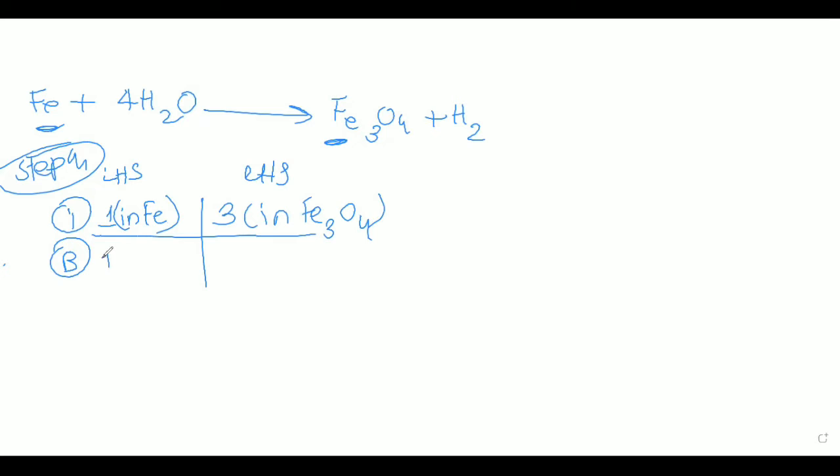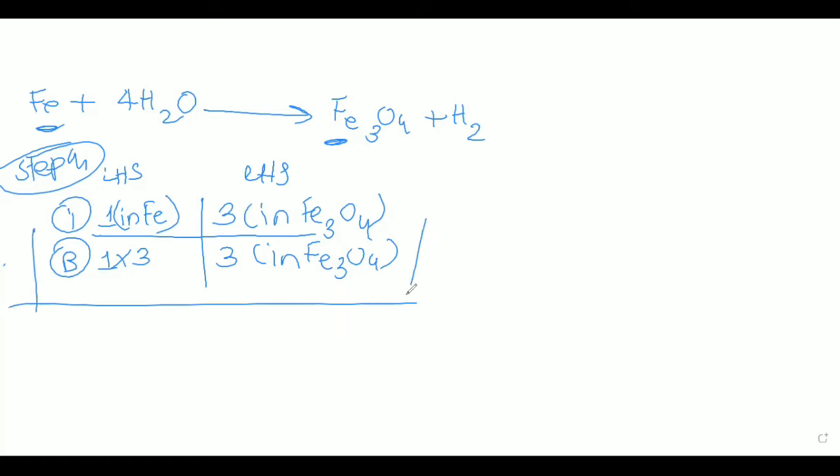We can do it similarly by multiplying 1 by 3 and keeping 3 as it is in RHS. So now the answer which we get is 3Fe plus 4H2O while reacting gives Fe3O4 plus H2.